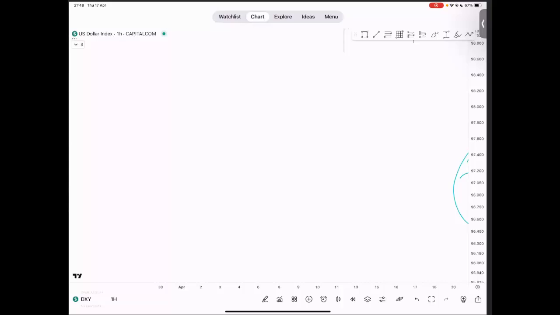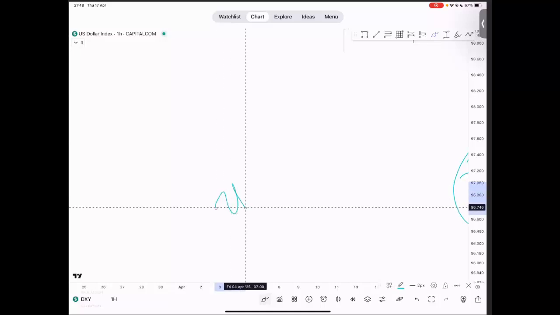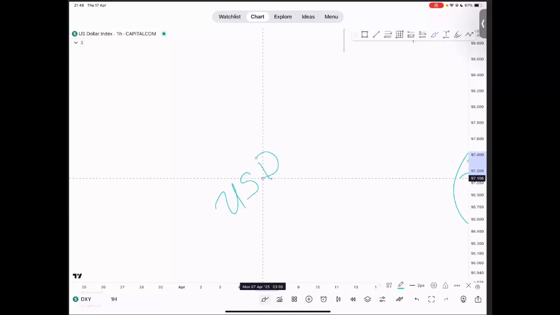Now pairs that have USD as their base currency, which is their first currency, right?